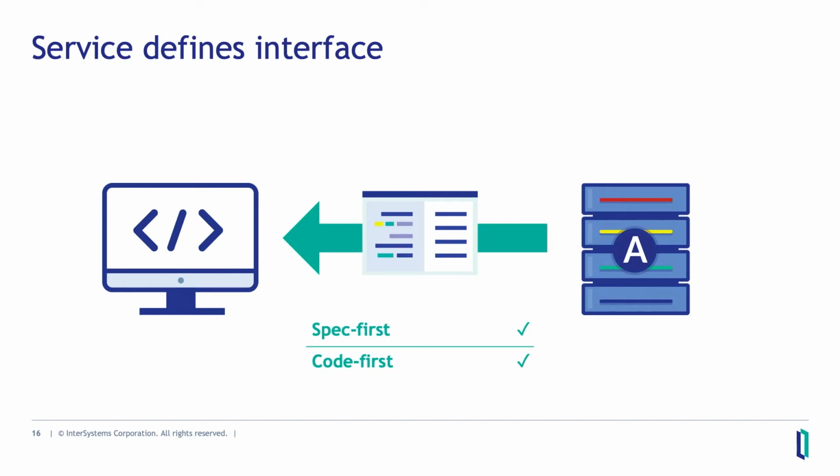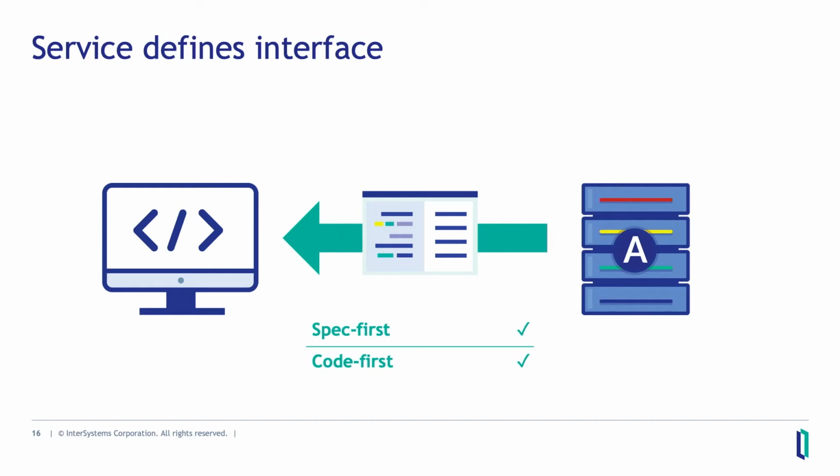So if the Swagger spec does not exist independently of the code, if it is a byproduct of the code, as it would be in the code-first approach, that can work perfectly fine because there's no reason to edit the Swagger spec. We just change what's in our code, and then that becomes the representation of the service that the client can take and run with.